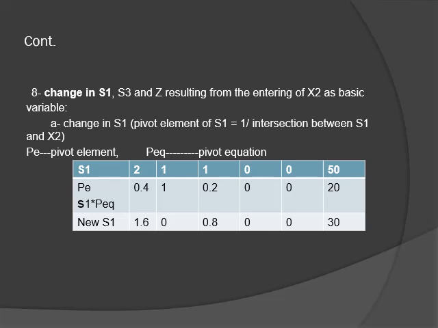This is the result of multiplying the pivot element of S1 times the pivot equation, and we subtract: 0.4 from 2, 1 from 1, 0.2 from 1, etc. New S1 is 1.6, 0, 1, 0.8, 0, 0, 30. This is how to find the new S1.